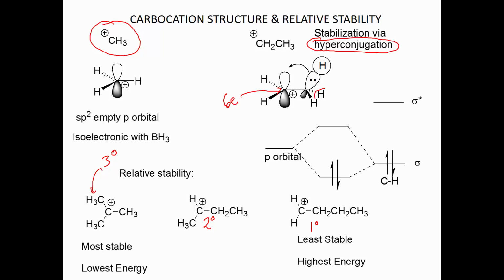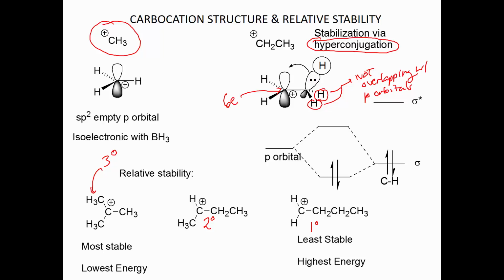Notice that these two CH bonds are not overlapping with the p orbital. Therefore, in this structure they're not engaged in hyperconjugation, but there's free rotation around the sigma bond, so when they rotate to the place where the depicted CH bond is, they will start to stabilize the carbocation.